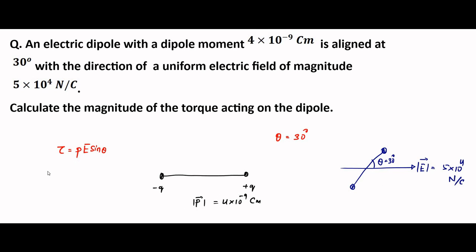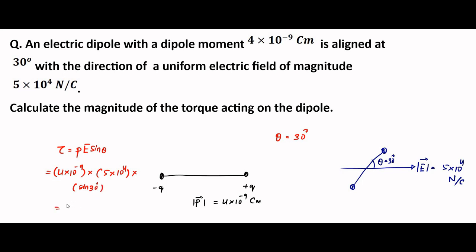So simply we have to put the values: 4 into 10 to the power minus 9 into E, which is equal to 5 into 10 to the power 4, and sine 30 degree, that is 1 by 2.